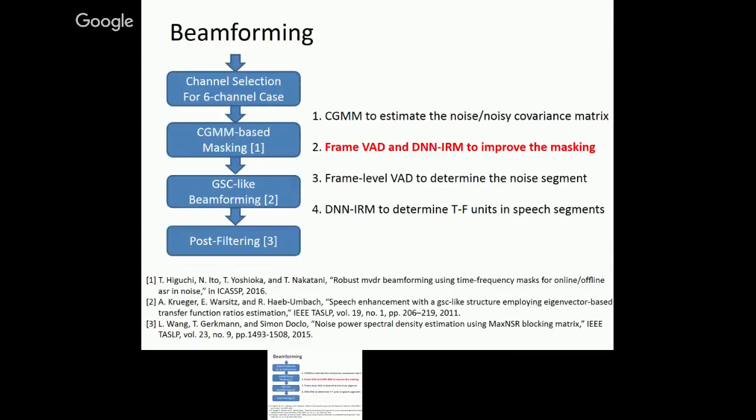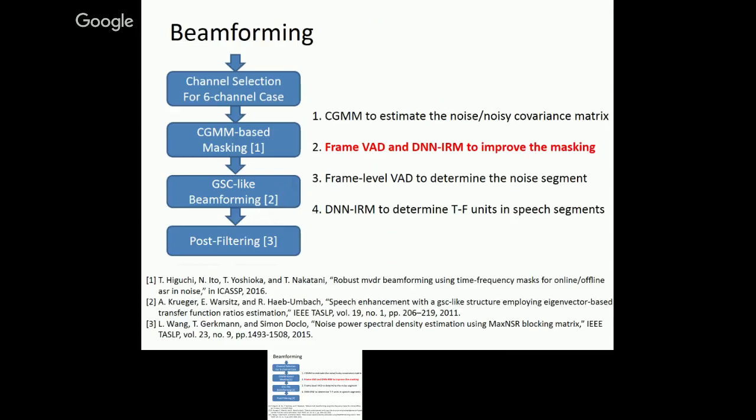And this is the beamforming part. In beamforming, we have 4 steps. First, for the 6-channel case, we use channel selection to abandon some bad channels. Then we use the complex GMM method from NTT to calculate the masking, and then to calculate the noise and the noisy covariance matrix.